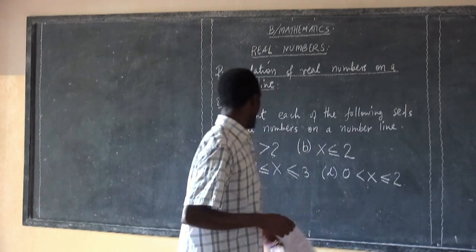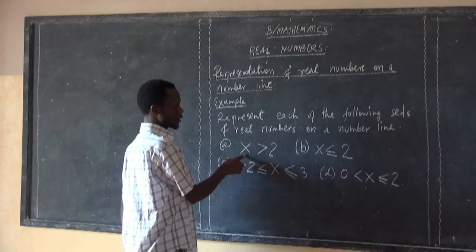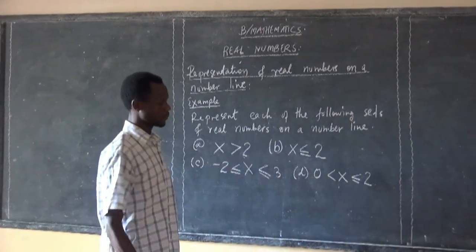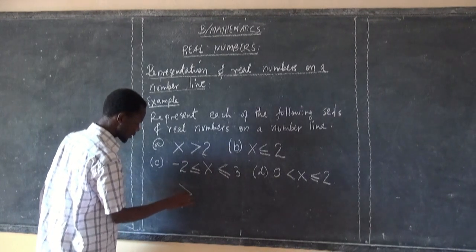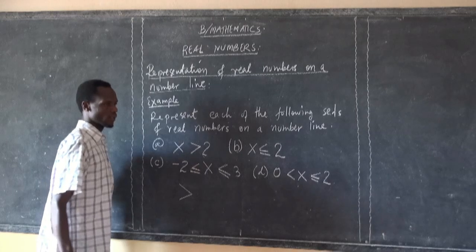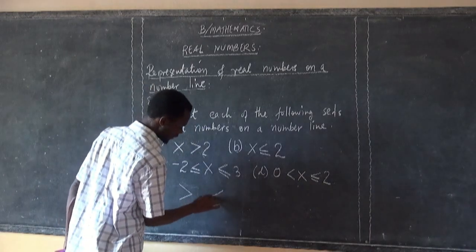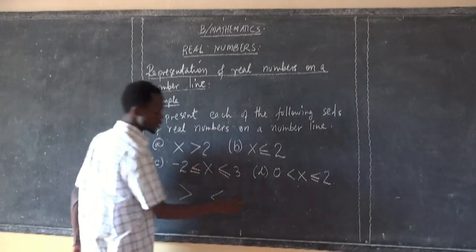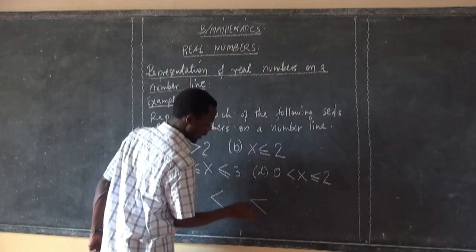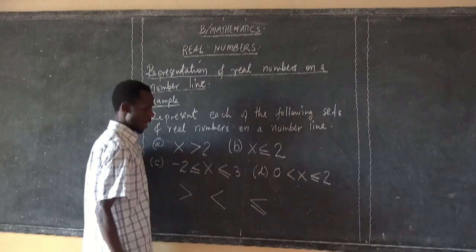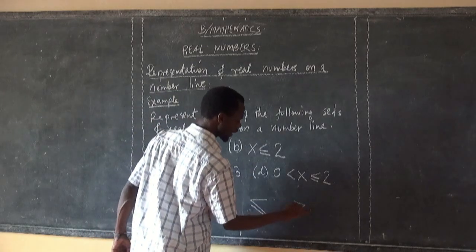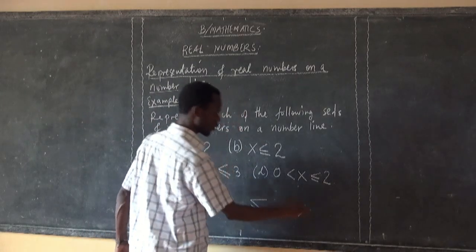Now, definitely, if you want to write, you have to remember something. This is greater than. This is smaller than. This is less than or equal. And this one is greater than or equal.